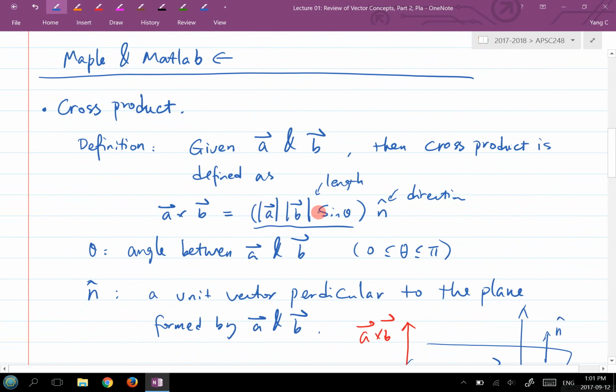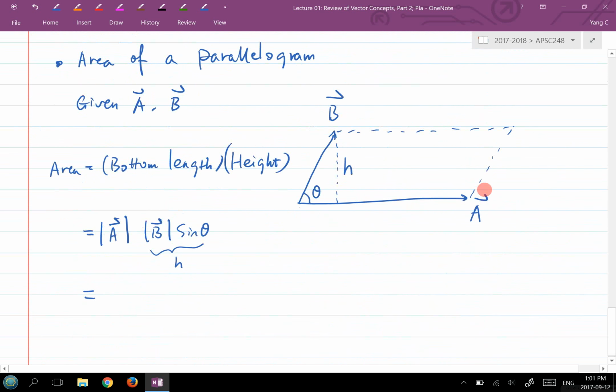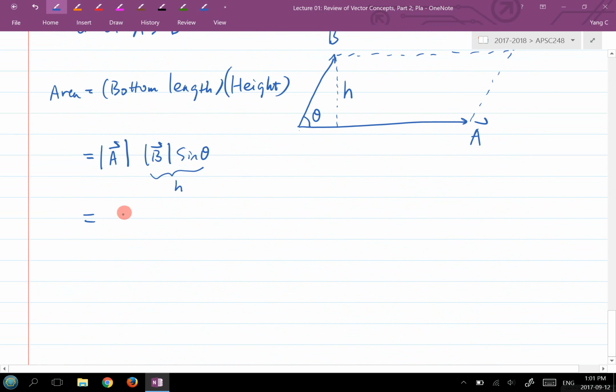So I can rewrite this as the absolute value of the cross product A cross B. That's how you calculate the area of a parallelogram formed by A and B.